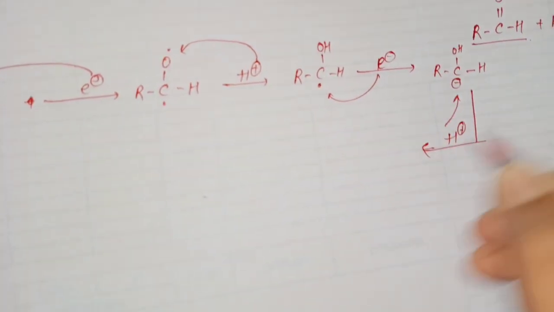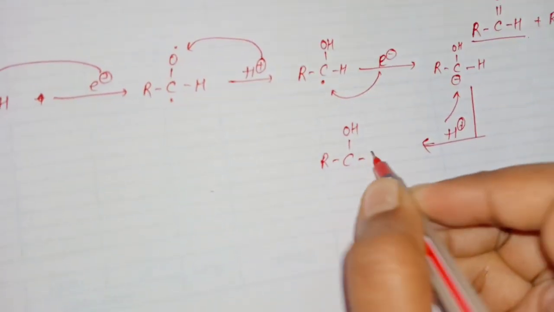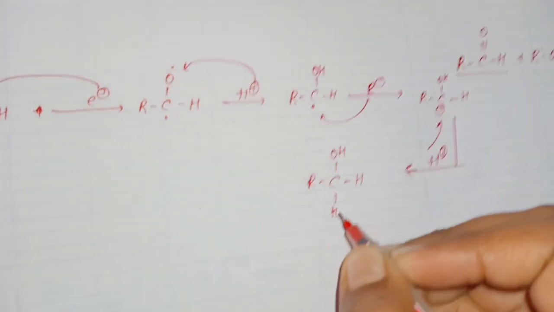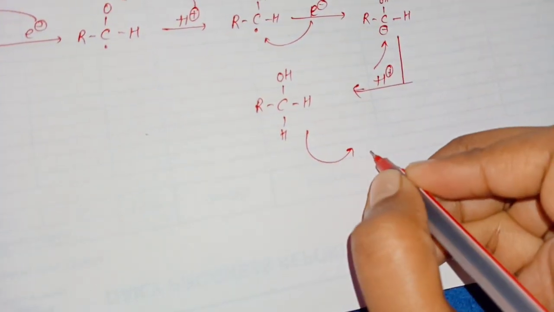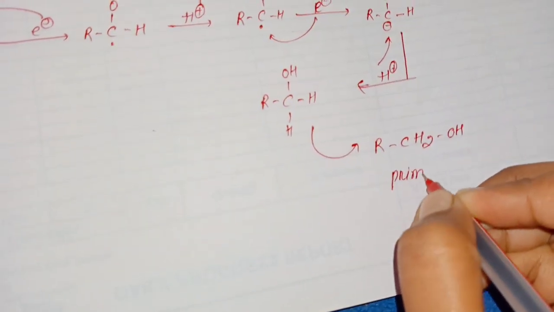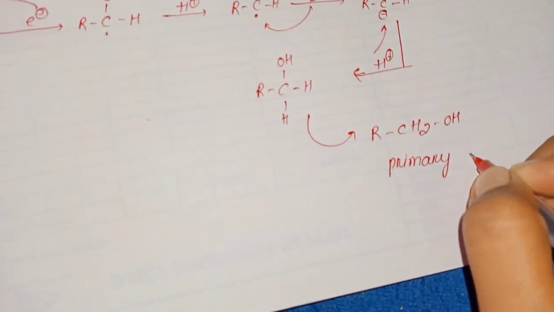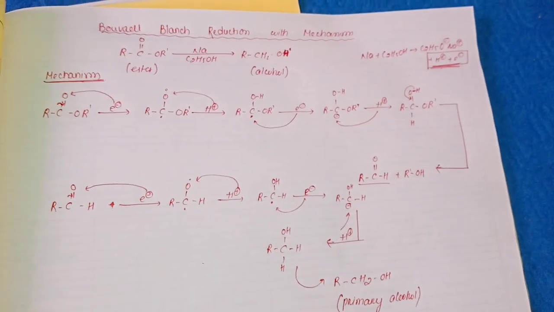We get R–C–OH–H–H, or we can also write it as R–CH2–OH, which is the primary alcohol. This is the mechanism of the Bouveault-Blanc reduction.